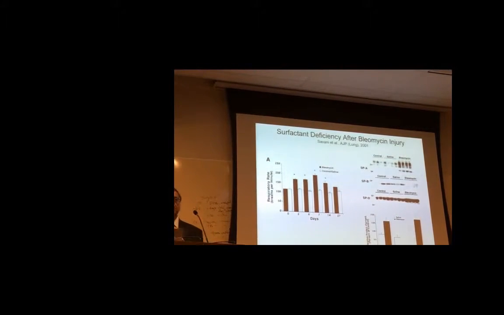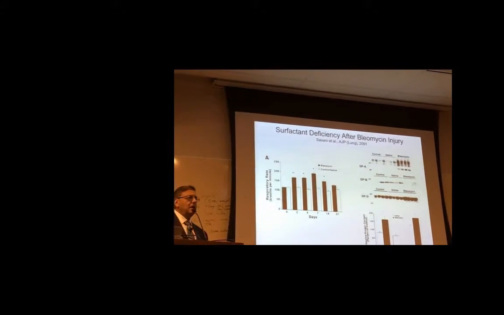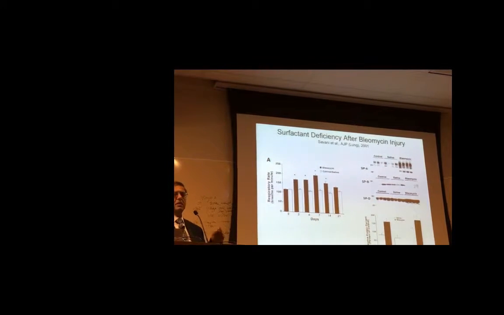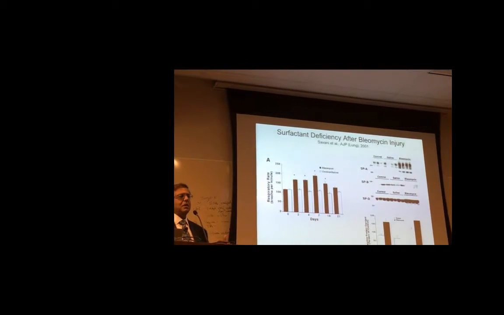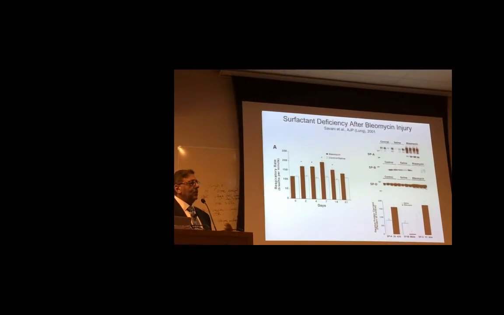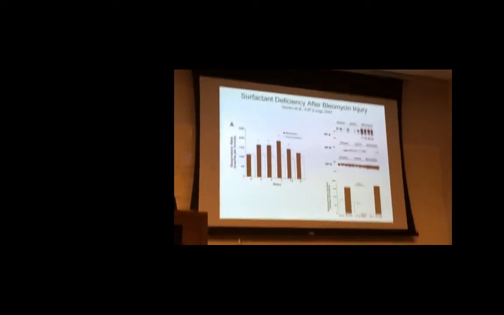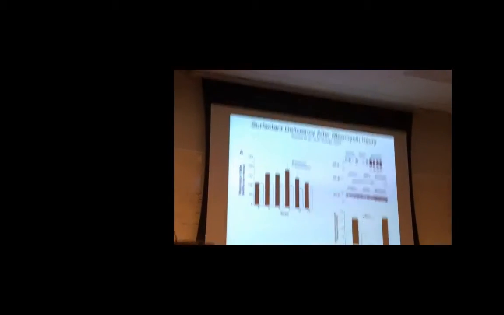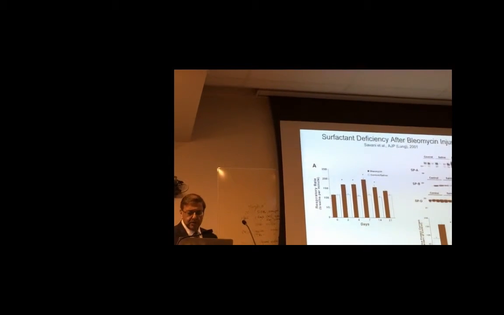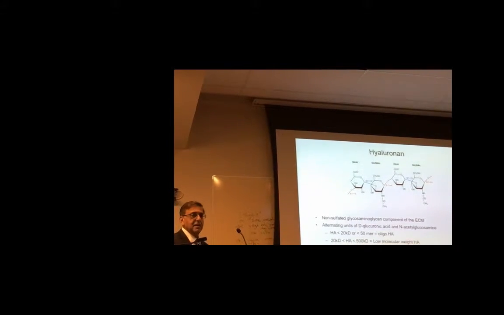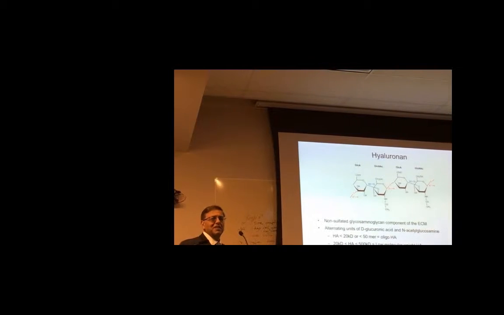It's interesting to note that because surfactant protein B is the singular protein that gives surfactant its ability to reduce surface tension to allow us to keep our lungs open at the end of expiration. And if you don't have surfactant protein B, your lungs collapse and you die. So there's a specific deficiency of SPB and actually SPC as well after bleomycin injury. So I thought that was interesting, and that'll become evident why that's important in a little bit.